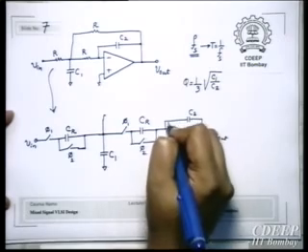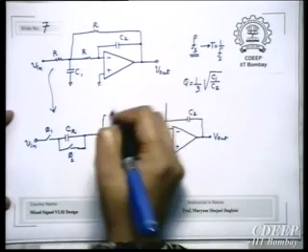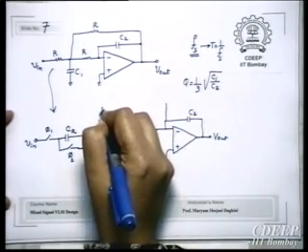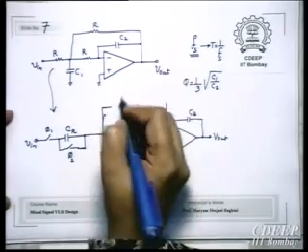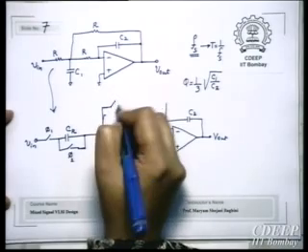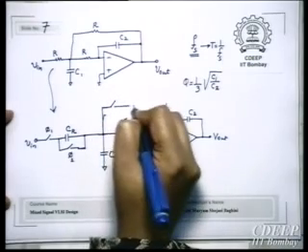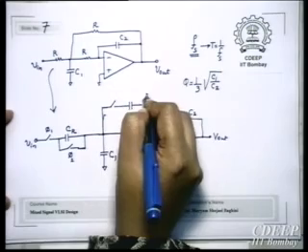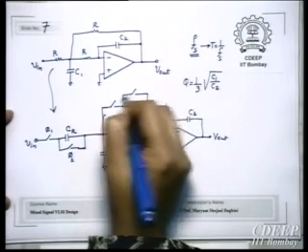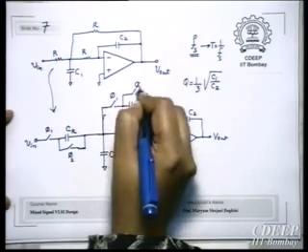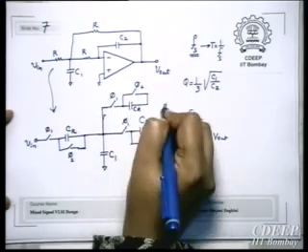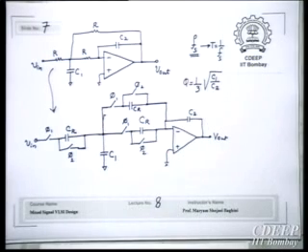And then here will be R. Done. Okay, so now you have converted the second order low pass biquad to an equivalent switched-capacitor circuit.